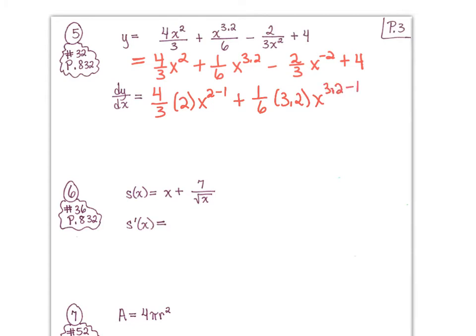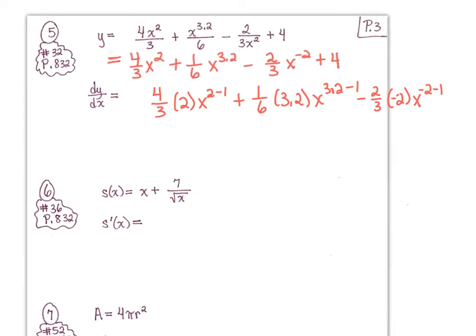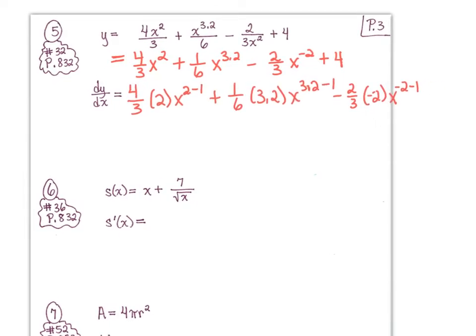Good. And then minus 2/3 times -2, and then x to the -2 minus 1. Plus 4? Oh, careful. 4 is a constant, so this is plus 0. Because 4 is a constant, the derivative of a constant is 0, so we add 0.